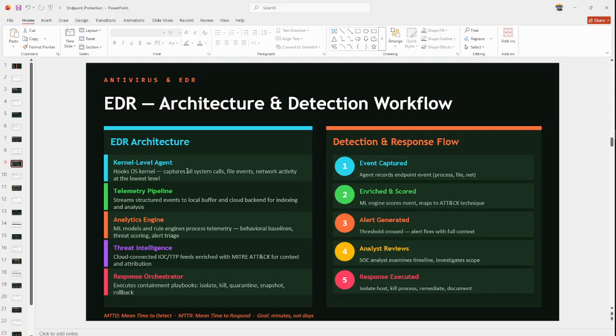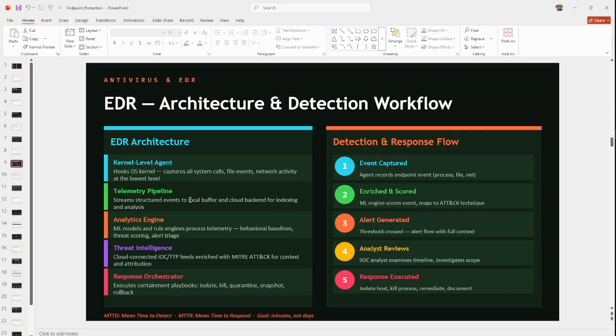Whereas antivirus will just check at the signature level. That's it. Once you download it, it will check whether it is corrupted, or the right version or wrong version. Based on that, it will respond.